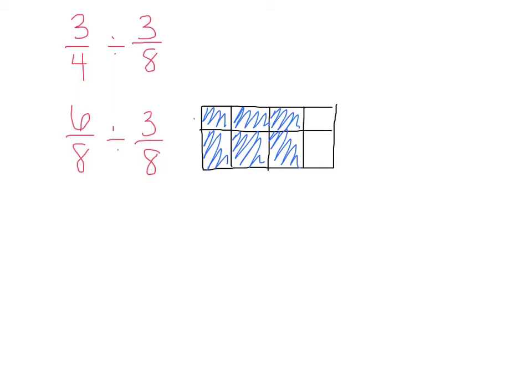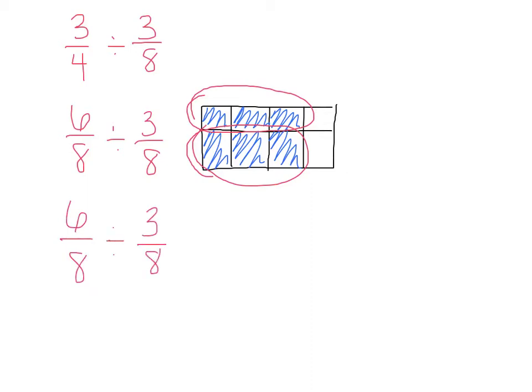I have a set of 3/8 here, and I have a set of 3/8 down here. So that means when I do 6/8 divided by 3/8, I get 2, because there are 2 groups of 3/8 in 6/8.